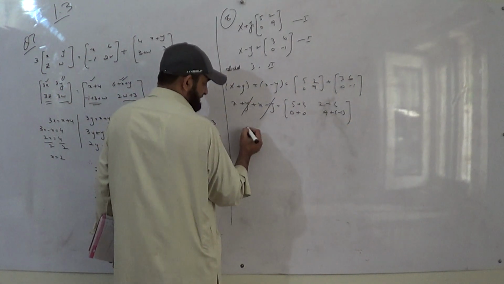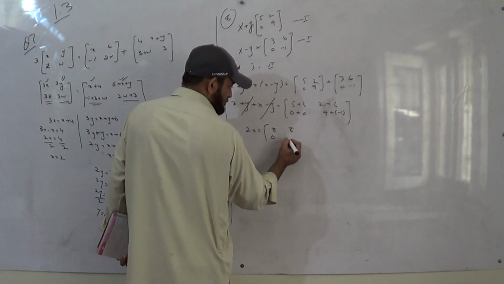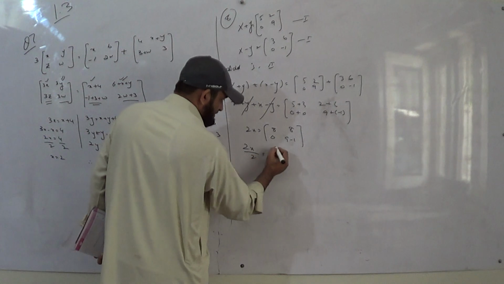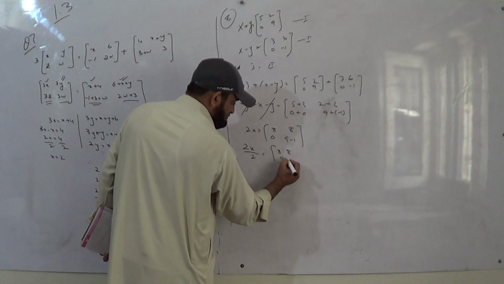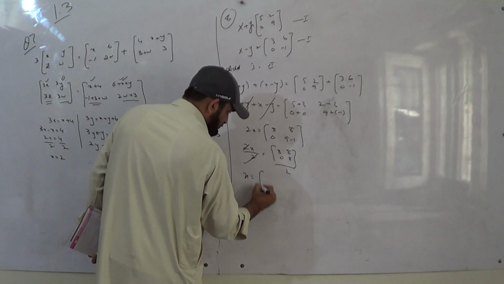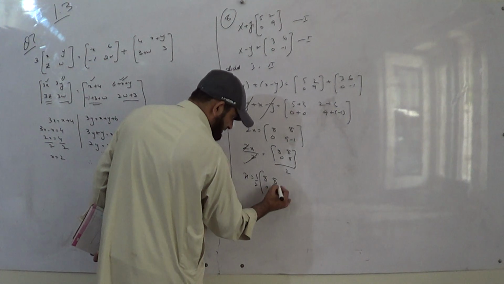Y and y cancel, we get 2x is equal to [8 8; 0 8]. Divide by 2 both sides. We get x is equal to 1 by 2 of [8 8; 0 8].